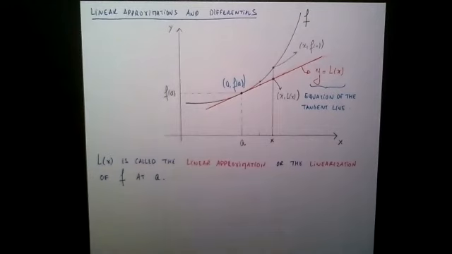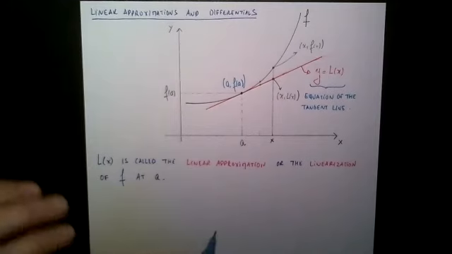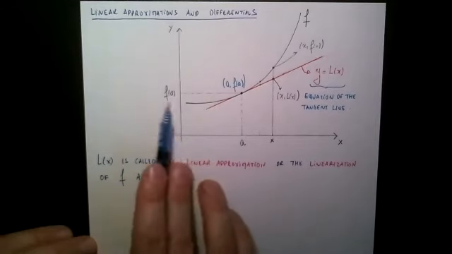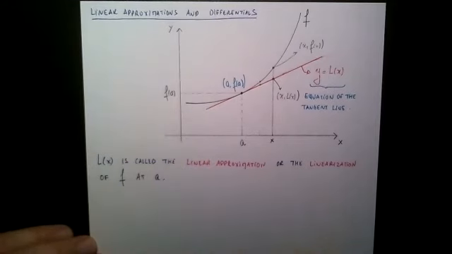It's a very complicated word to express just the equation of the tangent line. That's what it is. What's important is that it's at a. Of course, if a was somewhere else, you would have a different L of x.